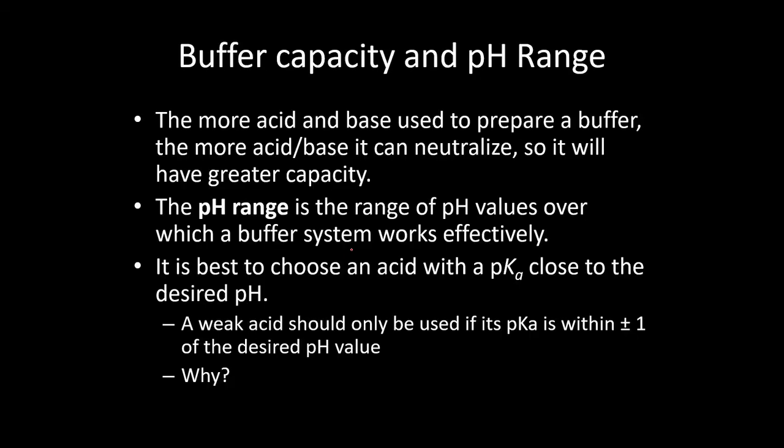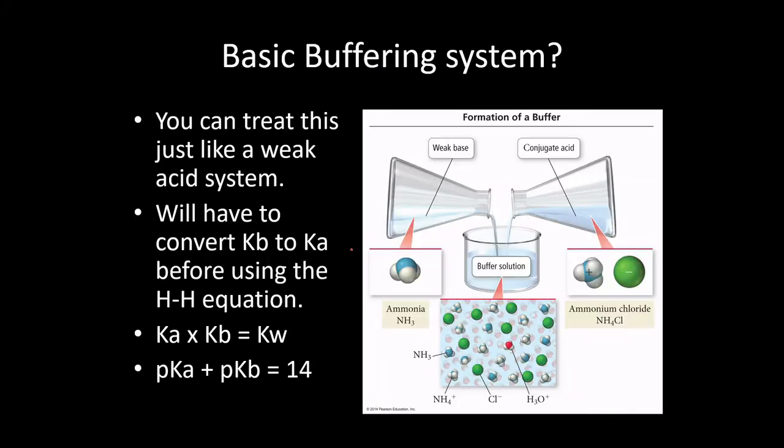Let me see. Do I want to talk about that now? Yeah, I guess we'll go and talk about basic buffering systems real quickly here. So the buffers that we've been looking at up to this point have been acid-based systems, where we had a weak acid and its conjugate base, and that was our foundation, so to speak, of our buffer. But you can do the same thing with a weak base and its conjugate acid.